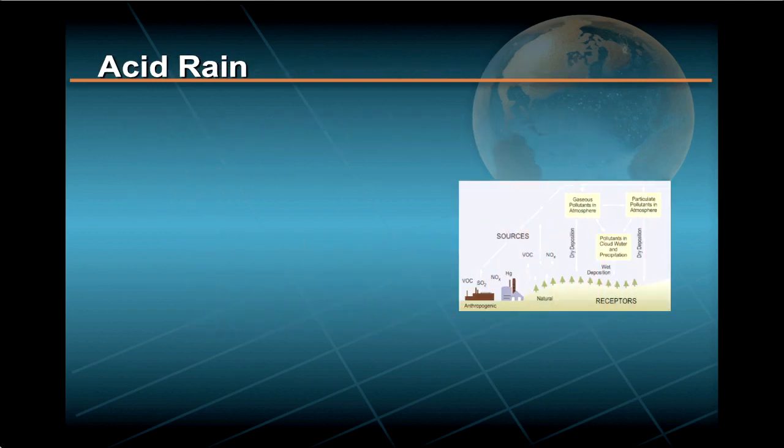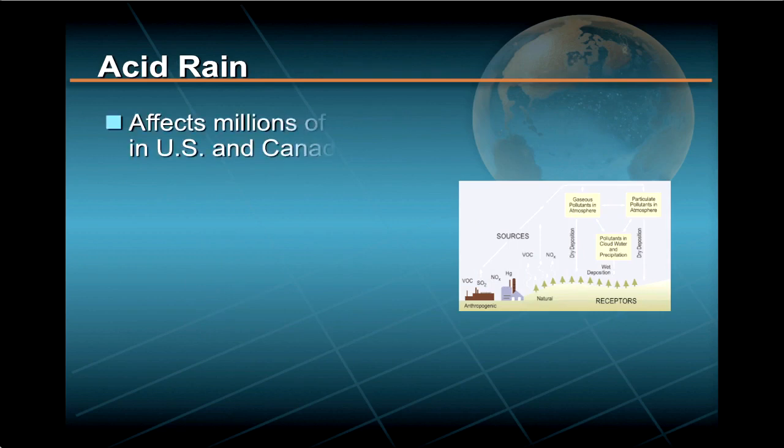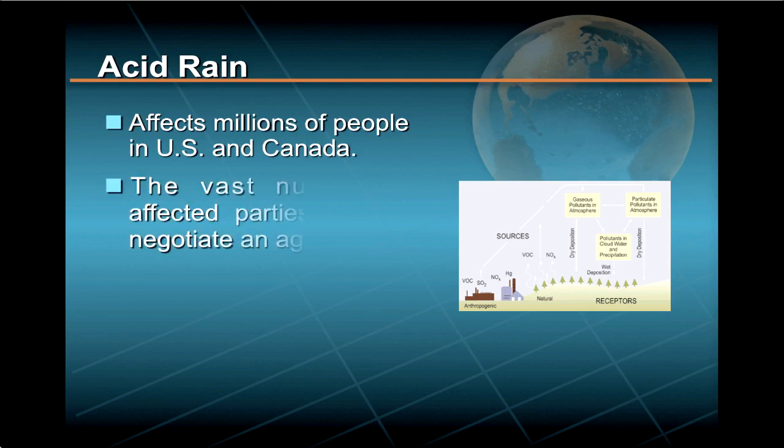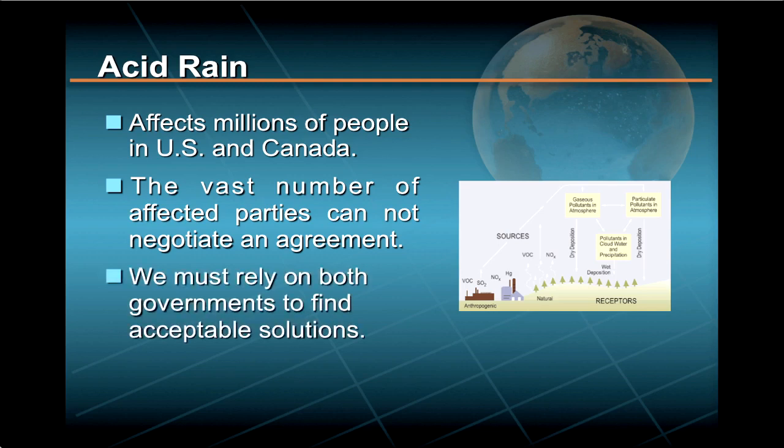A case in point is the acid rain problem in the United States and Canada, which affects millions of people spread out over two nations. The vast number of affected parties could not possibly independently negotiate an agreement or remedy this problem. Instead, we must rely on both governments to find acceptable solutions.